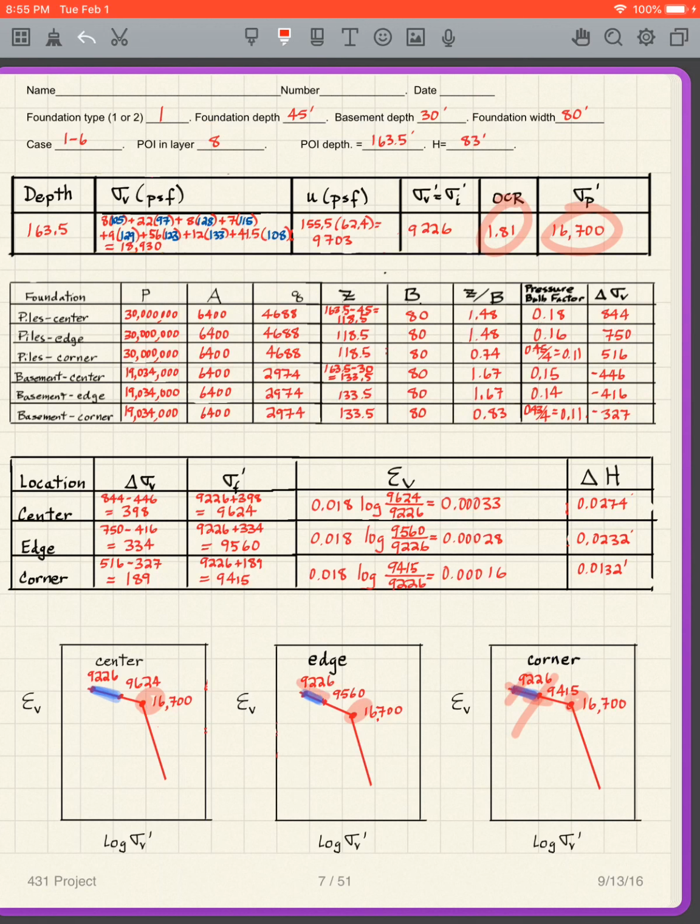So for this layer 8, I never go beyond the sigma prime P, which gives me much less settlement beneath the center, edge, and corner, because of that.